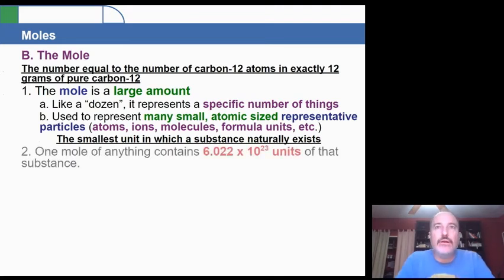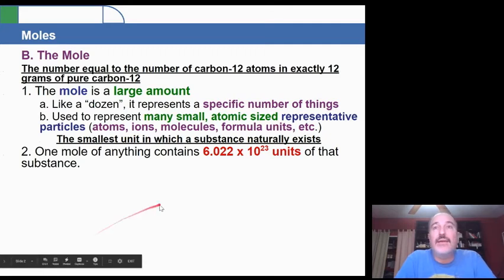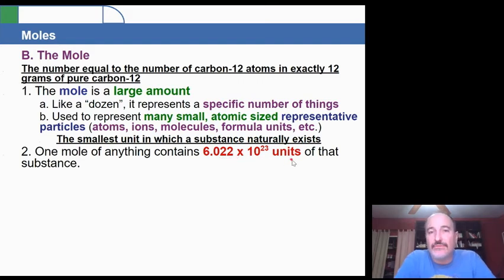Well, how large? Really large. 1 mole of anything contains 6.022 times 10 to the 23rd units of that substance, okay? That is a really big number. Basically, imagine a 6, a 0, 2, 2, and then 20 zeros after it.